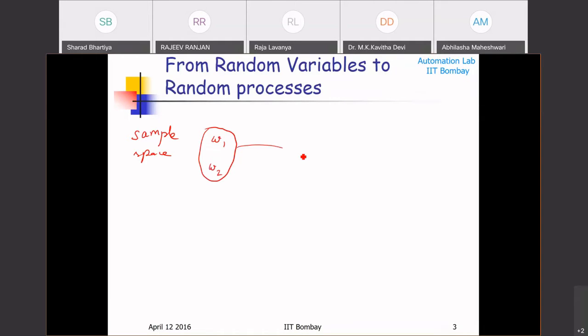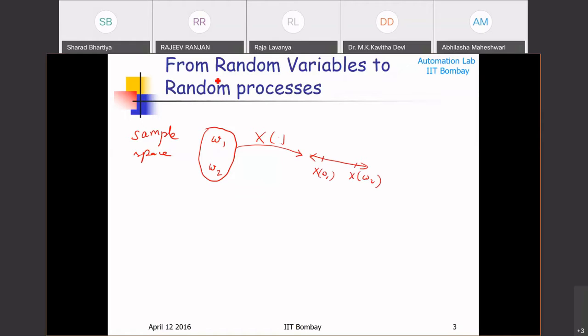A random variable was a mapping where we map it onto the real line. For example, omega 1 could map to a point x of omega 1, and omega 2 to x of omega 2. Example: you toss a coin, and for heads you say on the real line I have the number 0, and for tails I have the number 1. So it was a mapping from the sample space to the real line.